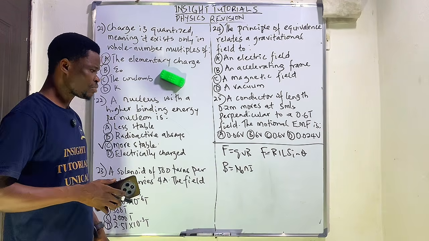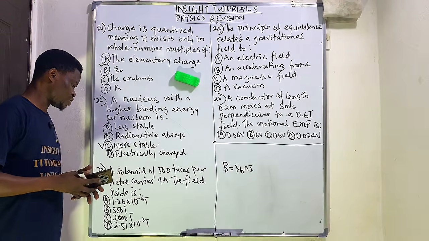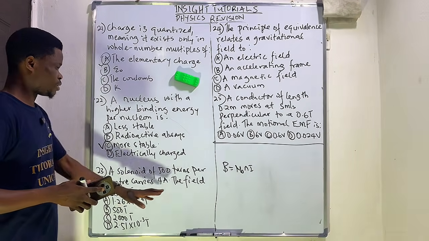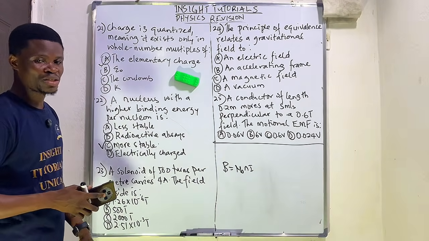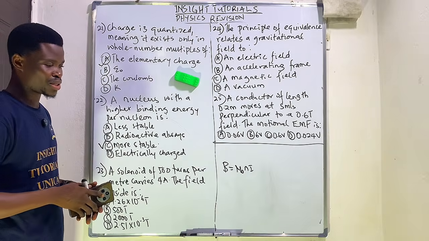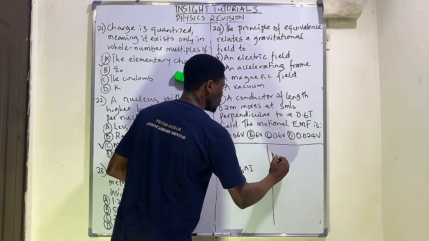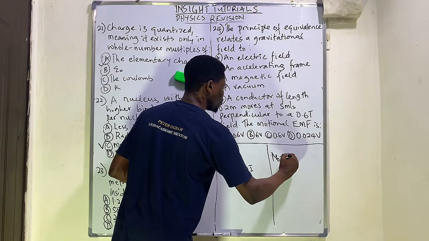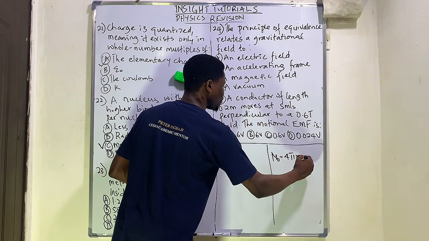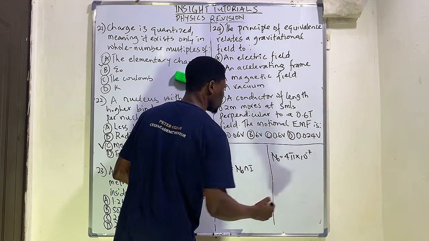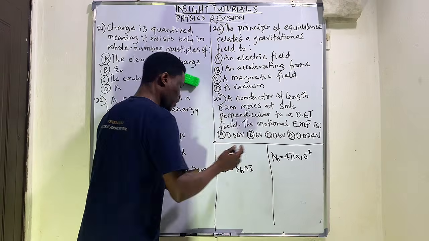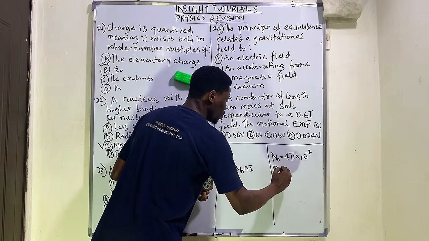Now, from this question, the permeability of free space is a constant, and that constant is 4 pi times 10 to the power of minus 7. Then we have the number of turns.